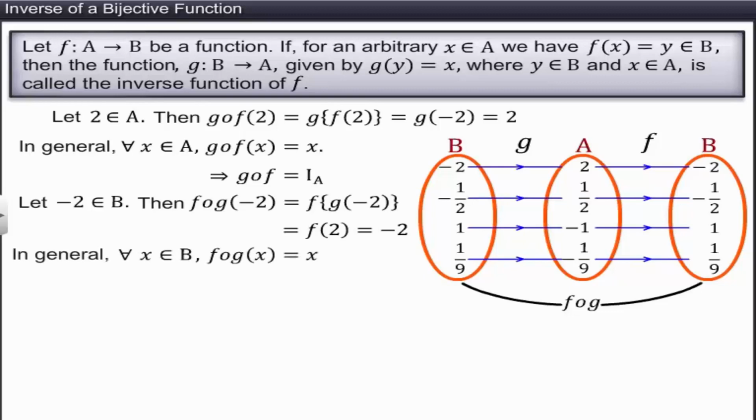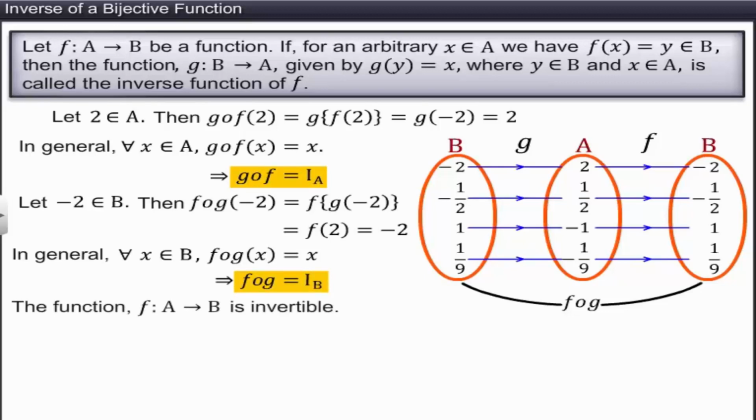Generally, f circle g of x is equal to x for all x belonging to set B. This implies f circle g is also an identity mapping on B. Here the compositions of f and g, and g and f, are identity mappings. Such a function f is said to be invertible.